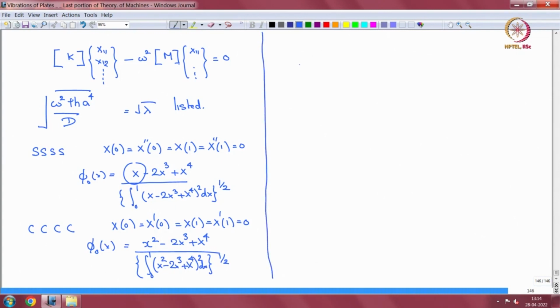If one edge is clamped, the other is free: clamped, clamped, free, free. Then X of 0 is equal to X dash of 0 is equal to X double dash of 1 is equal to X triple dash of 1 equal to 0.